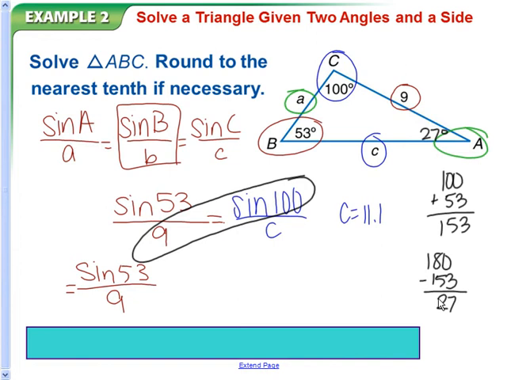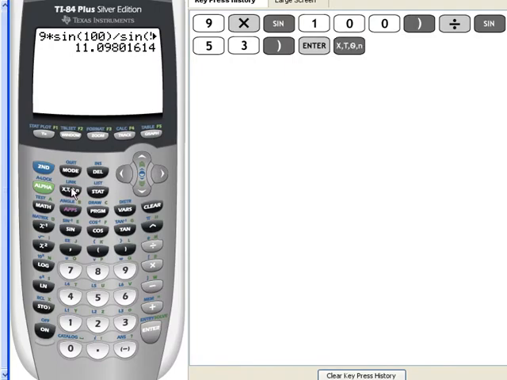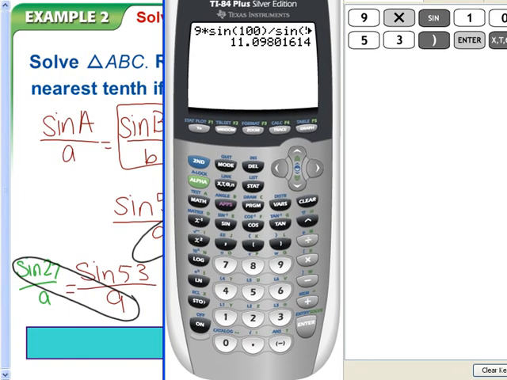So then we can set up a ratio and say the sine of 27 degrees over A equals sine of 53 over 9. Cross multiply. Those two can be multiplied together. So we would type in sine of 27 times 9 divided by sine of 53.